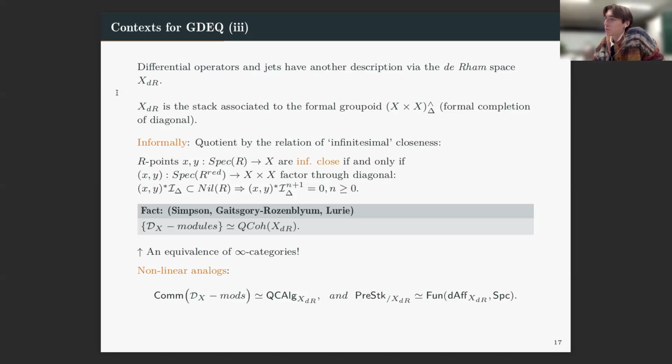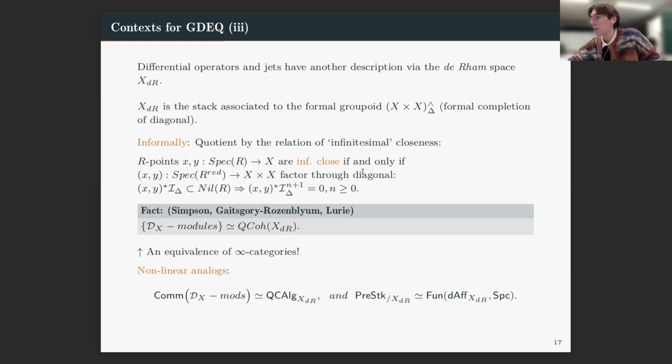And it's well known that sheaves of a certain type, I'll write here quasi-coherent sheaves, are equivalent, as ordinary categories but also in higher categorical settings, with left D modules.